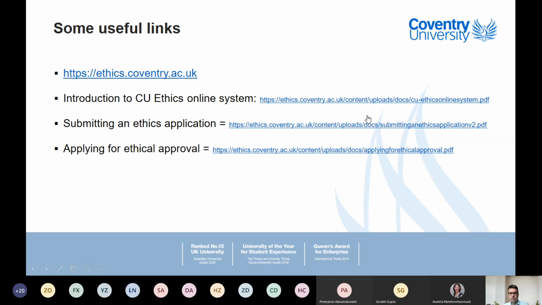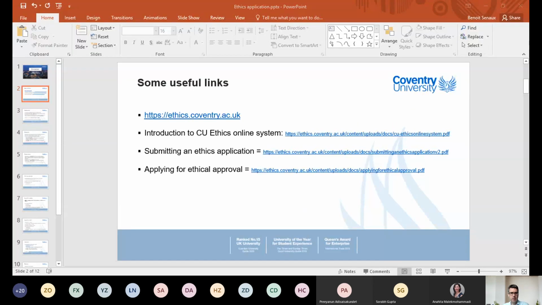You have some guides. So I'll briefly show you some of those, and they are already open here. The first one is a presentation of the system itself. We're not going to cover everything in detail here because you can go through it yourself. But basically, you will see it's a very intuitive system.